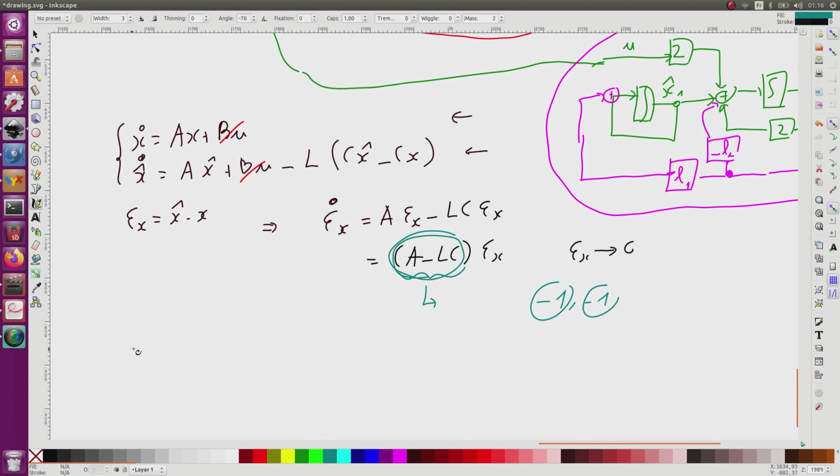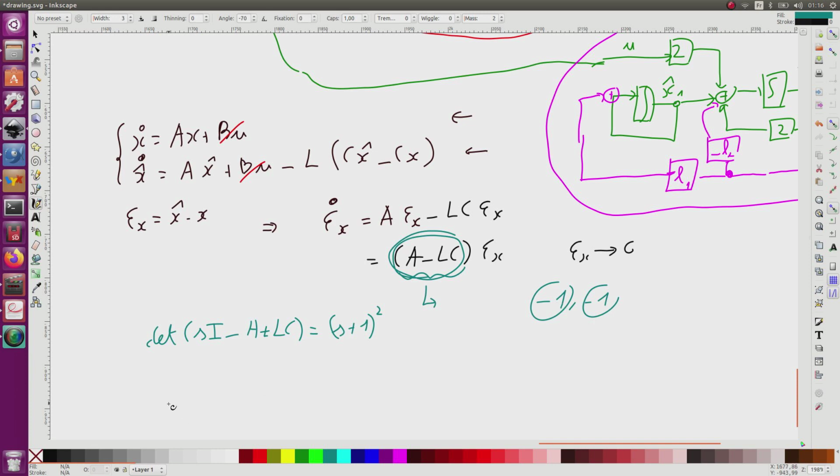So for this question number 5, I will solve the determinant, so the characteristic polynomial of this, s minus A plus LC, equal to the polynomial I want, (s plus 1) squared, because the corresponding roots are equal to minus 1.